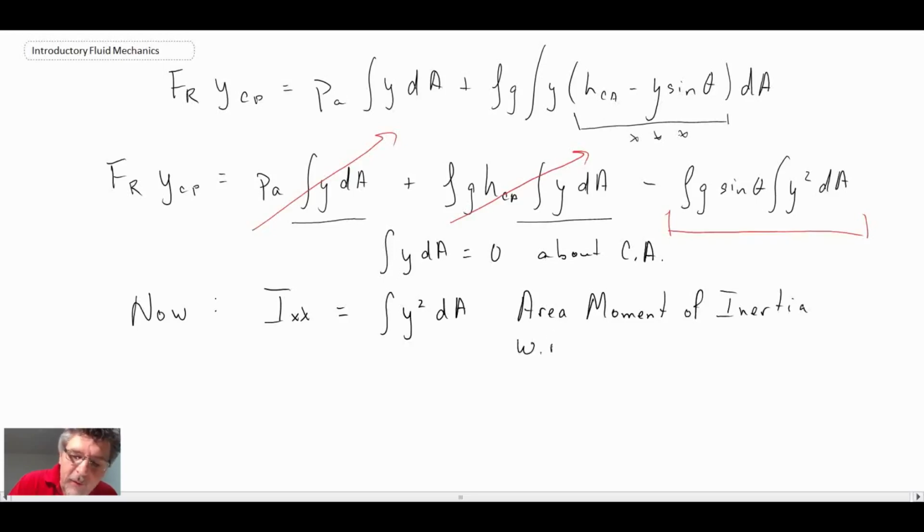And it is with respect to the center of area of the plate. So with that, we're able to write out our equation again.